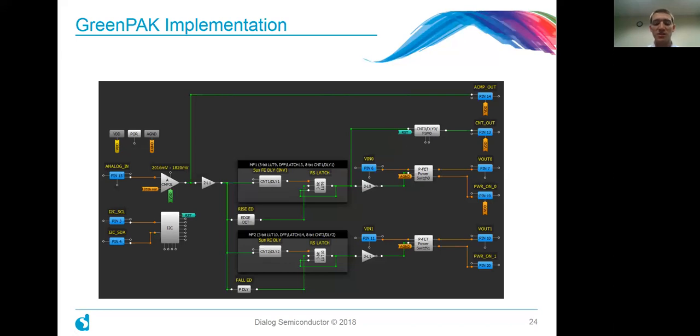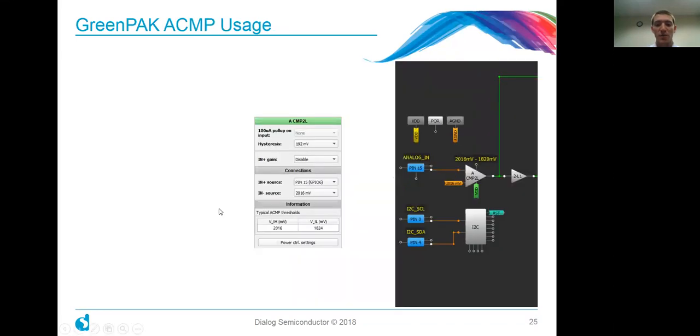So let's look at each of these pieces individually to see what the GreenPAK's actually doing. So here we have our analog comparator, and if you click on the analog comparator, we have the different properties that you can select for this low power analog comparator. So what we've actually done, instead of having two analog comparators with different fill lines, we have one analog comparator with a large hysteresis value.